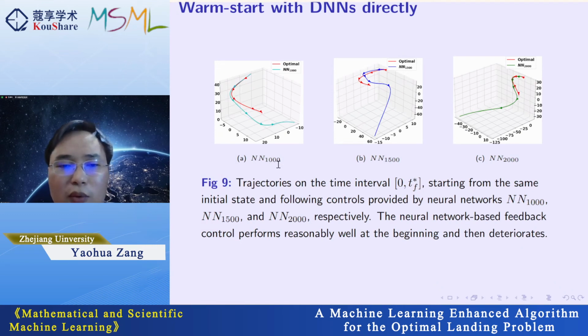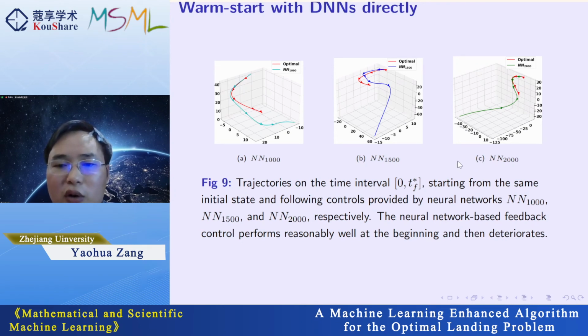The neural network 1000 indicates that this neural network was trained with 1000 optimal paths. The second one was trained with 1500 optimal paths, and the third one was trained with 2000 optimal paths. From this figure, we can see that with the increasing of the training data, the performance becomes better.